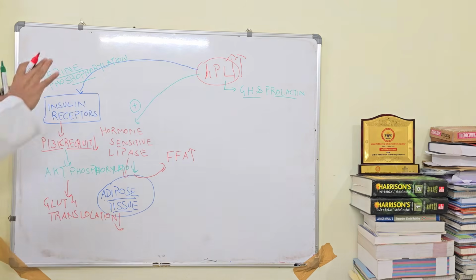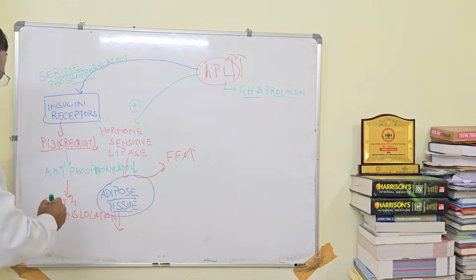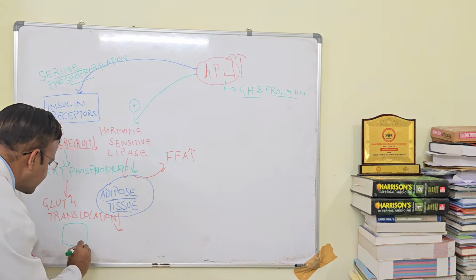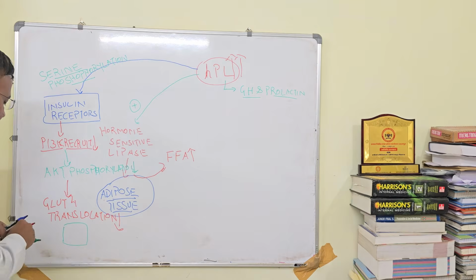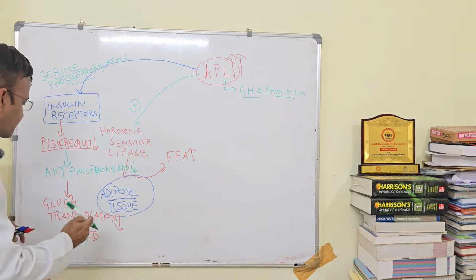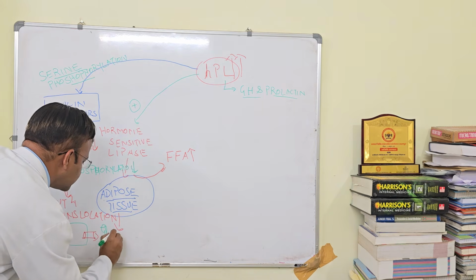Now what does GLUT4 do? Suppose this is your cell, it can be a skeletal muscle cell. The GLUT4 actually transports glucose inside the cell.